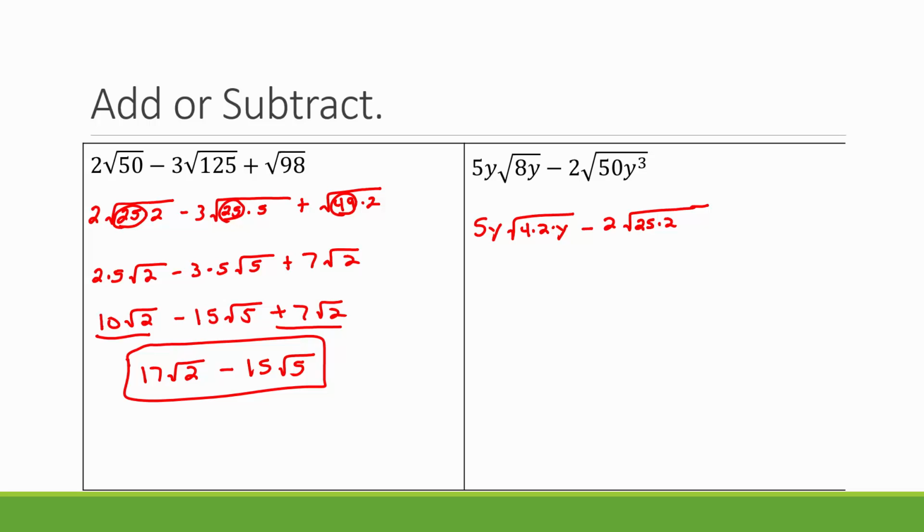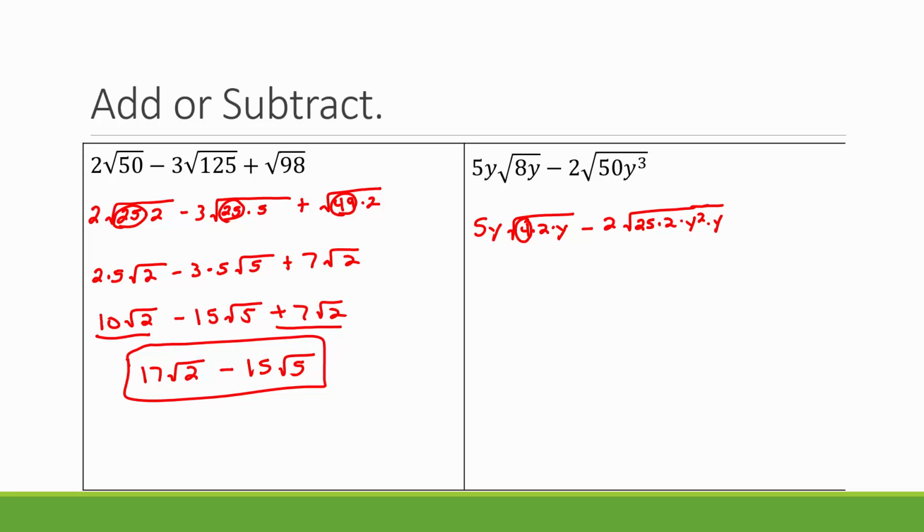Y to the third can also be simplified. Remember, if your exponent is larger than your root or your index, then it can be simplified. 3 is not divisible by 2, so I'm going to the next number that is smaller than 3 that is divisible by 2, which is y squared, and write that as y squared times y.